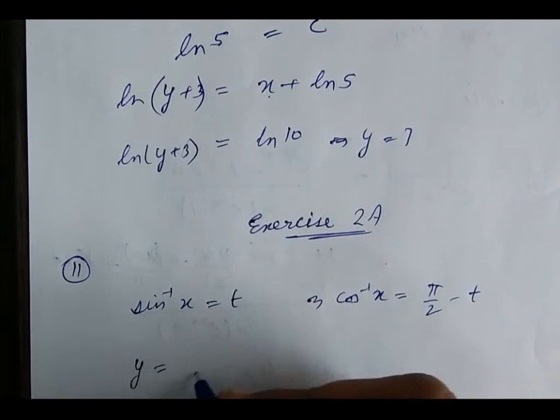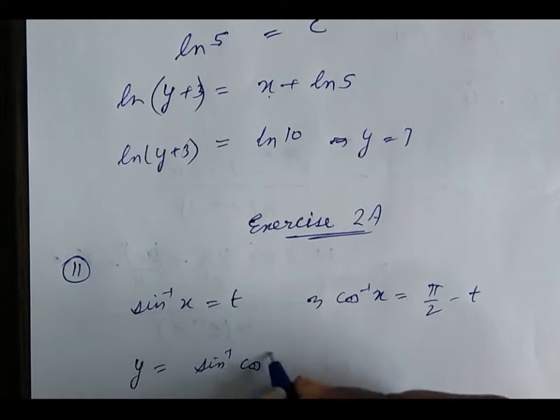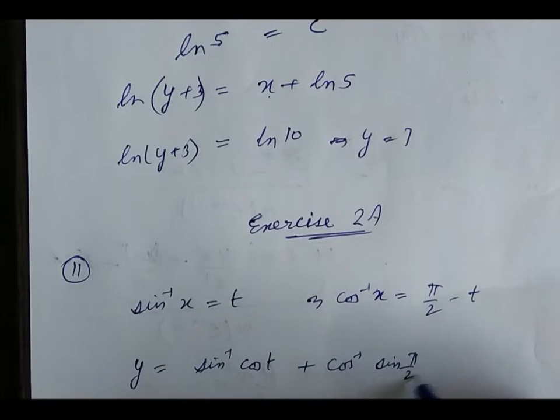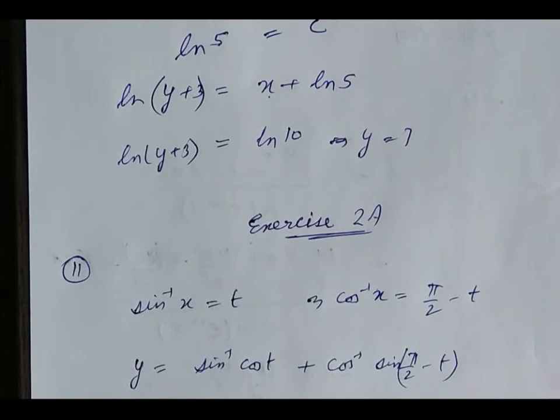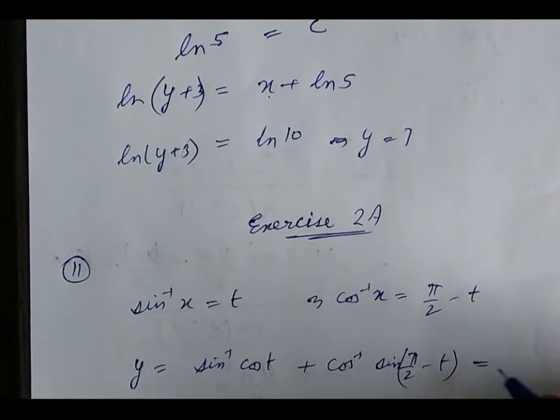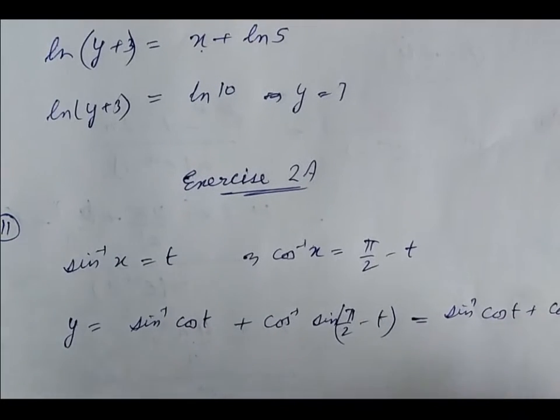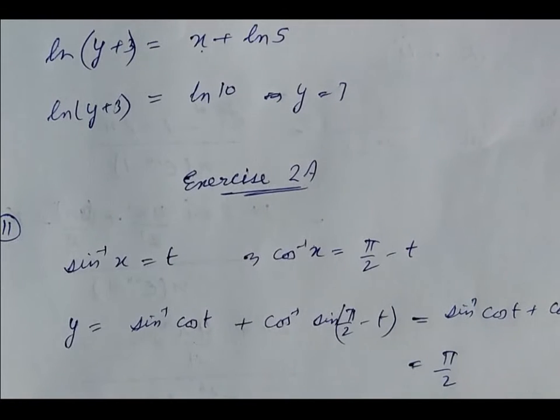So y is equal to sin inverse cos t plus cos inverse sin of pi by 2 minus t, which is equal to sin inverse cos t plus cos inverse cos t, and we know that sin inverse x plus cos inverse x is equal to pi by 2, hence its dy by dx will be equal to 0.